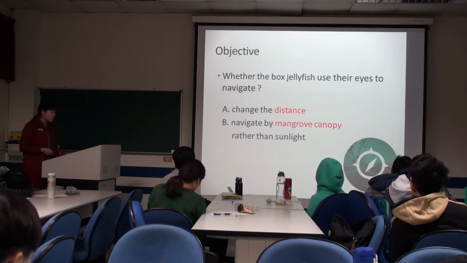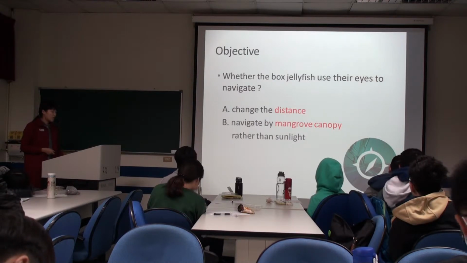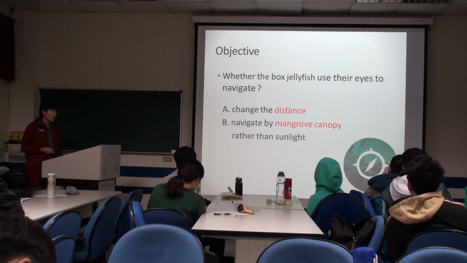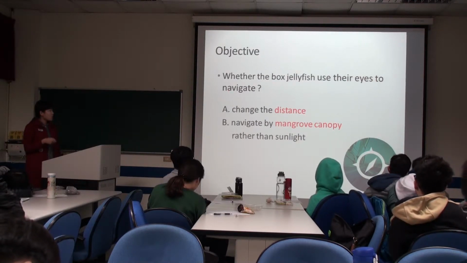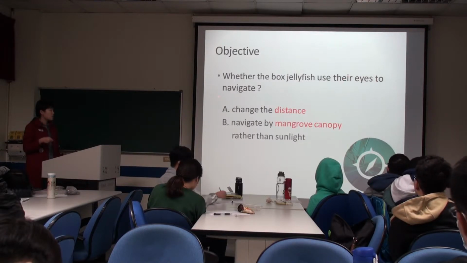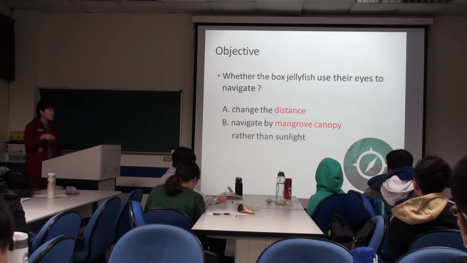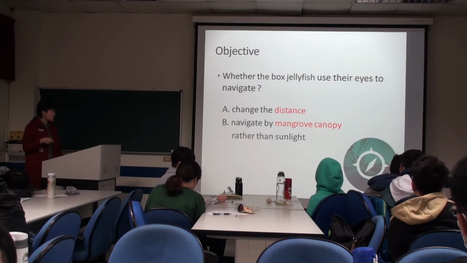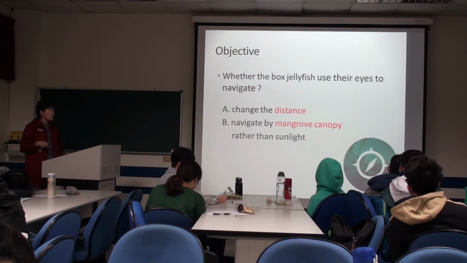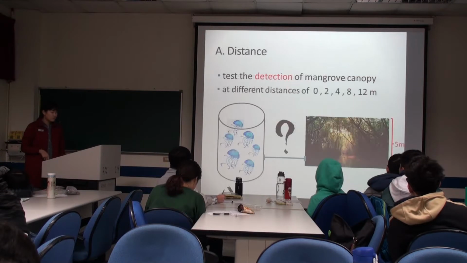After the introduction of my topic, I would like to tell you the main purpose of my experiments: whether the box jellyfish use their eyes to navigate. So we designed 2 experiments to prove that. The first one is to change the distance. The second one is to prove whether they navigate by mangrove canopy rather than sunlight.